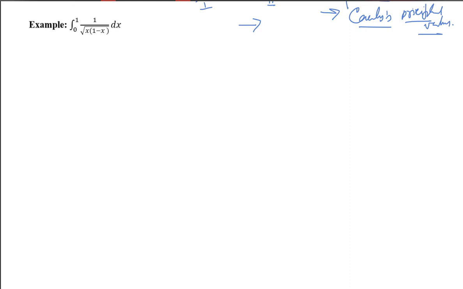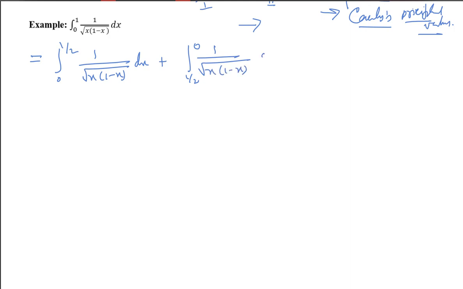You can take any value from 0 to 1. I am taking, suppose, 1 by 2. It is always better to take the midpoint. So we split it: integral from 0 to 1 by 2 of 1 by root under x into 1 minus x dx, plus integral from 1 by 2 to 1 of 1 by root under x into 1 minus x dx.